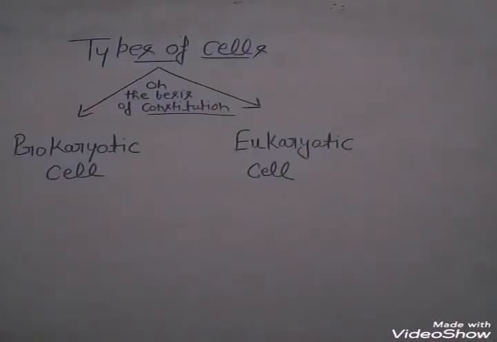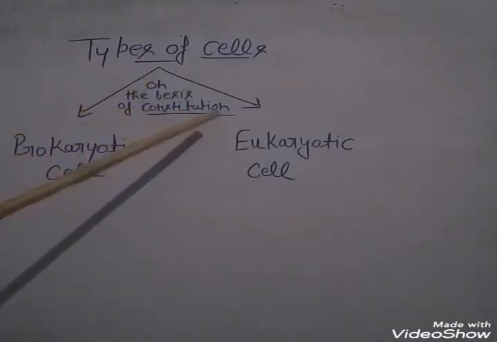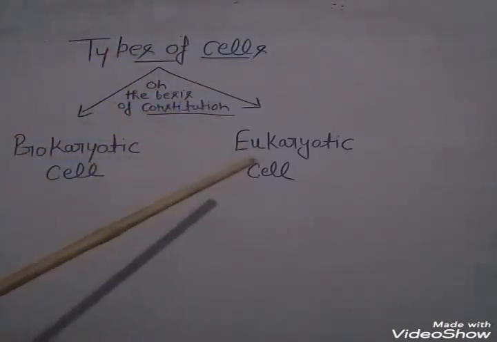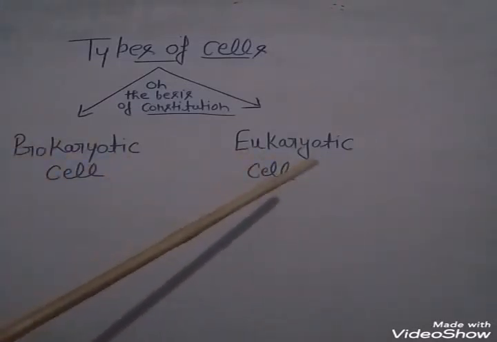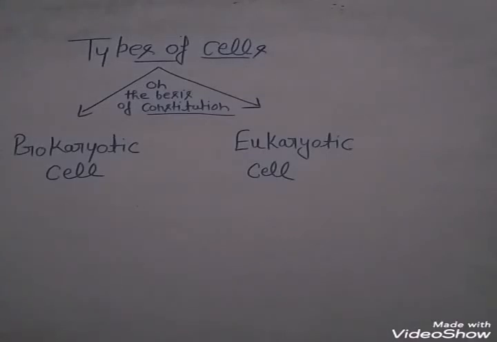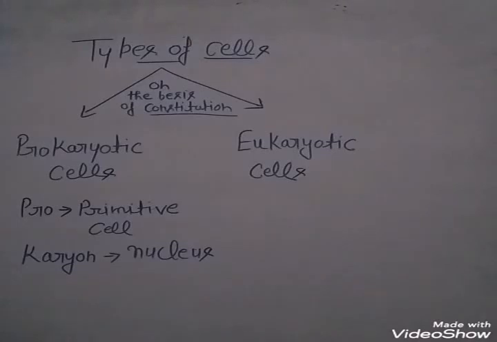The next topic is the types of cell. On the basis of their constitution, cells are of two types. First, prokaryotic cell and second, eukaryotic cell. In prokaryotic cells, a true nucleus is absent and membranous organelles are absent.